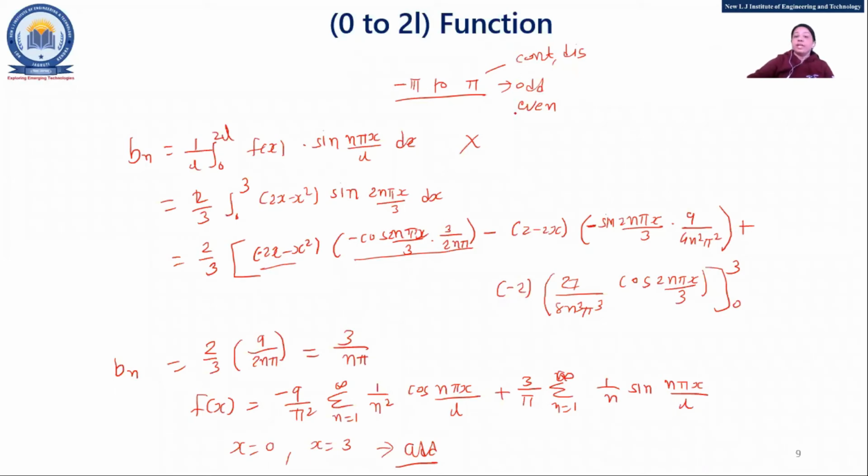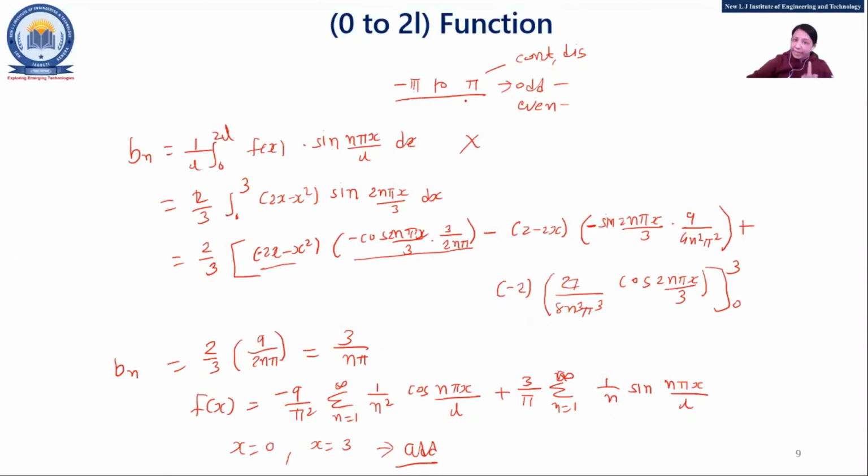In that also you can apply the odd even rule. Now it is not compulsory that you go for the odd even rule if you have minus pi to pi. This is just to take less time in computation, because if your function is odd, some of the calculation will be skipped, and if even, then obviously some of the calculation, that means either A0, An or Bn, is skipped. But it is not compulsory.